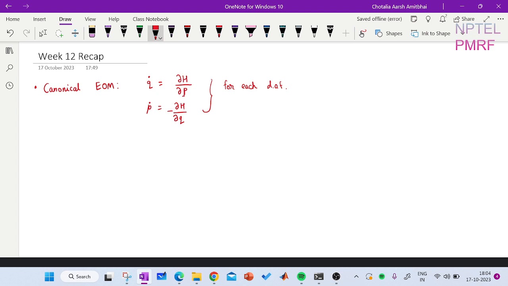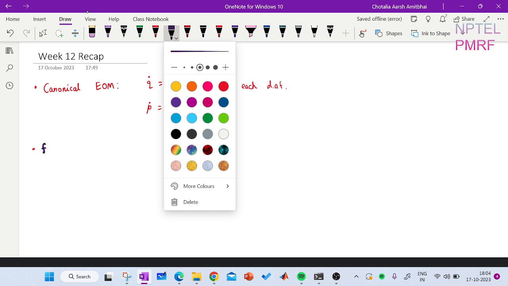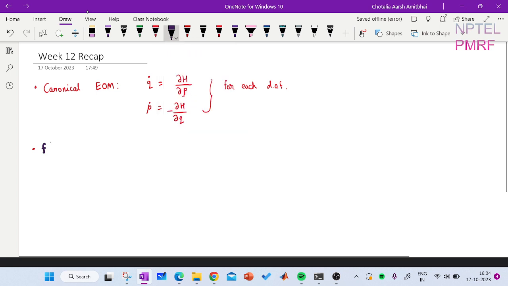Then we tried to figure out, given some general function f, which is a function of q, p, and t, its time derivative f dot would look something like this: the Poisson bracket of f with H, plus whatever the explicit time dependence there is.